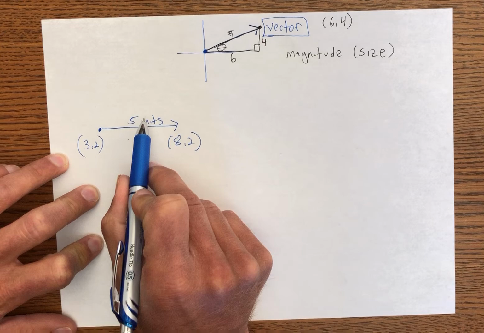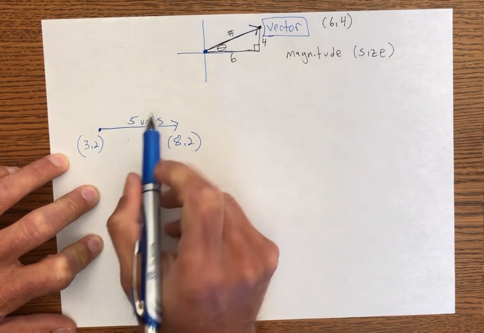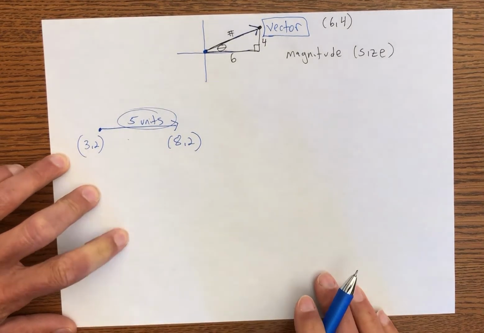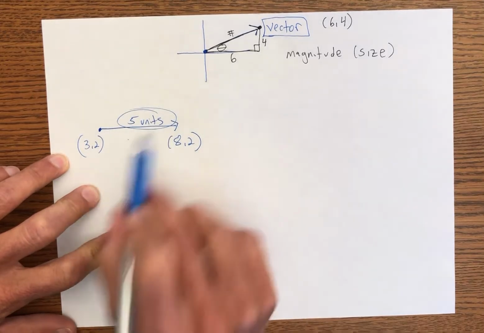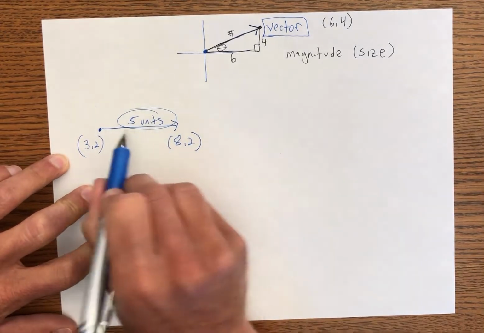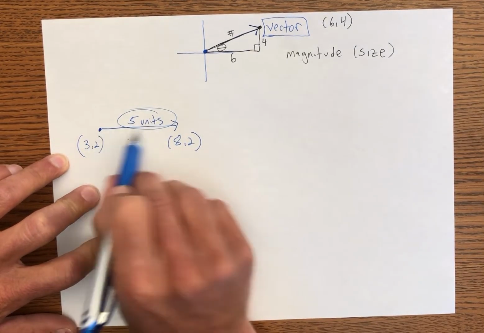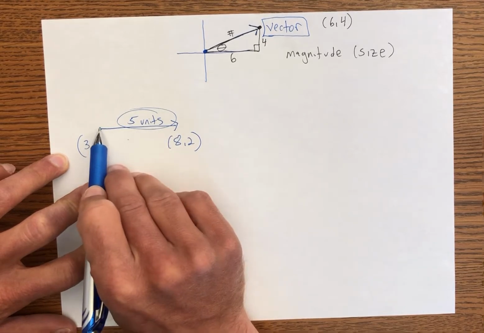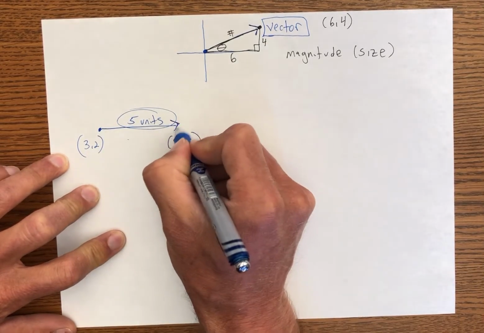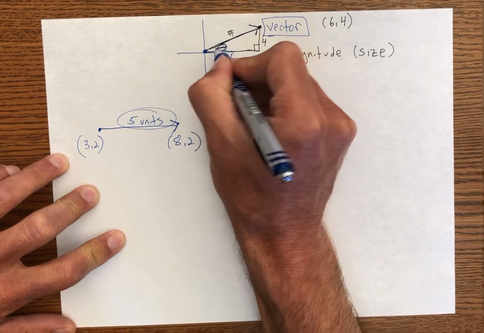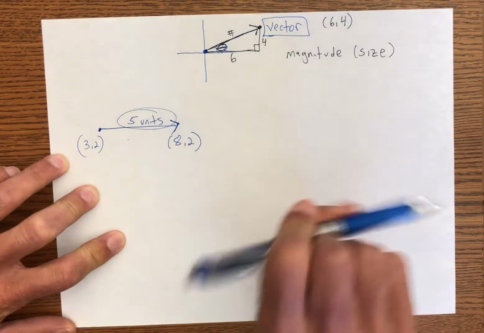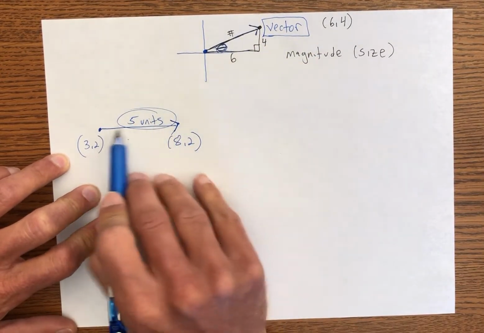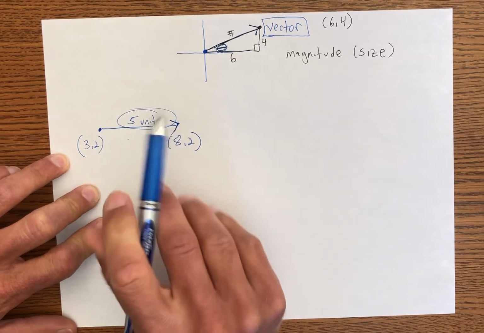This is called the magnitude. The magnitude is the size, how big it is. The direction, we just know it's gone to the right. It's 0 degrees, but we know it has moved to the right. So the direction is sometimes theta, which tells you the angle it is moving at, or if it's not moving at an angle, we just know it's going 5 units to the right.